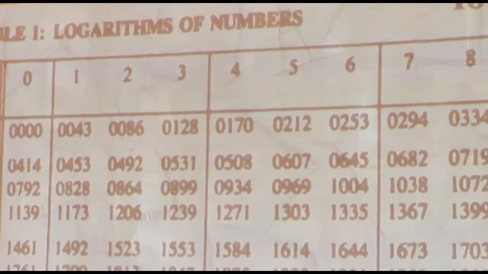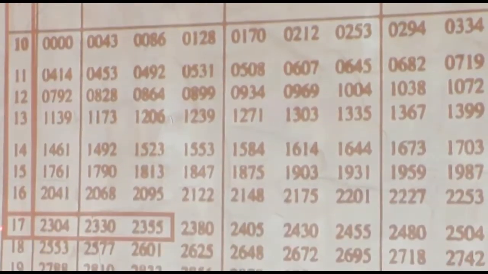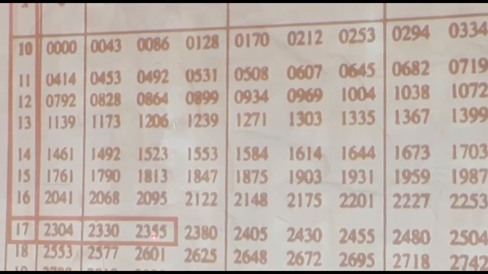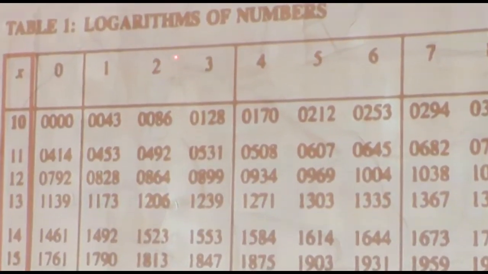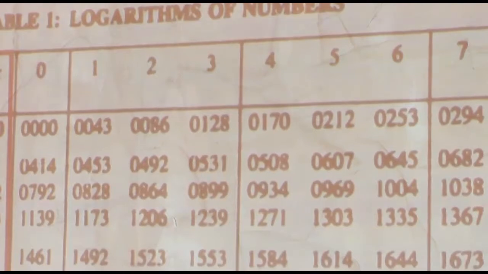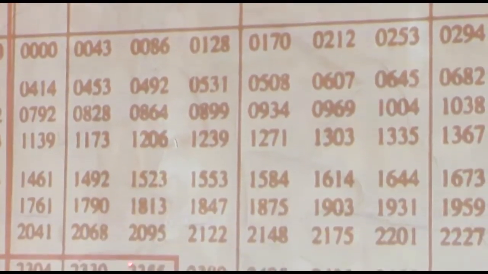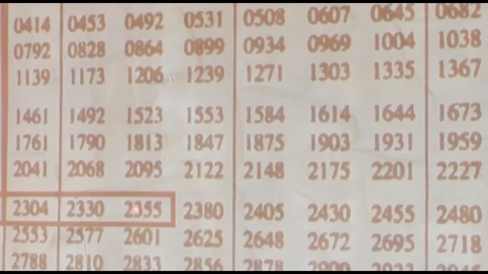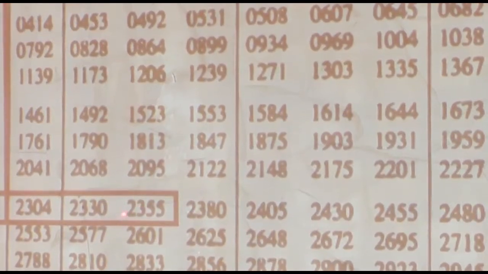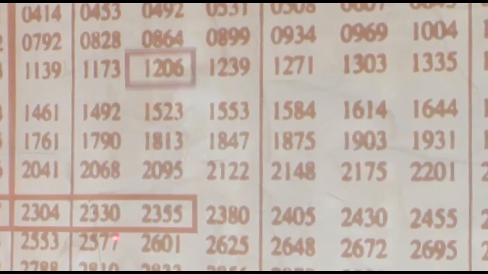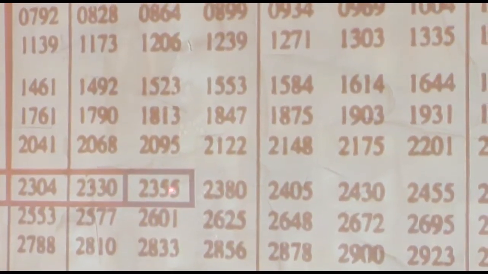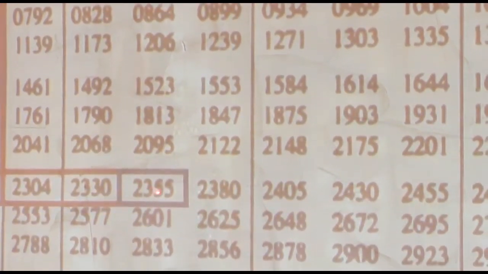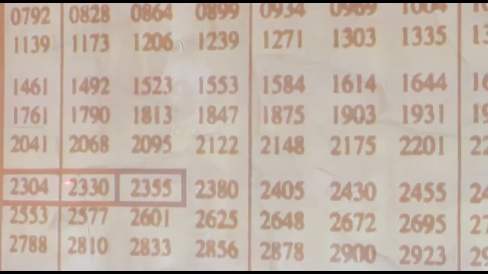Then I find what is there to be the logarithm of 17 under 2, and it reads 2355. So this has given us the mantissa part, the decimal part of the logarithm.